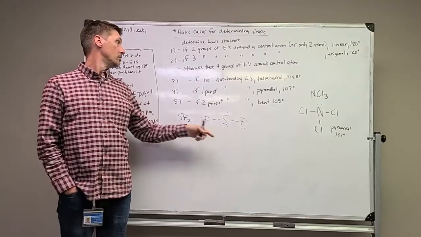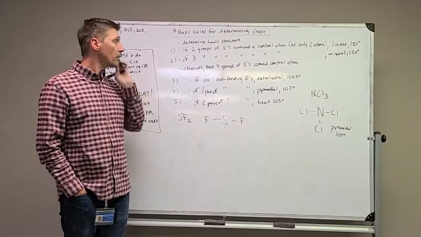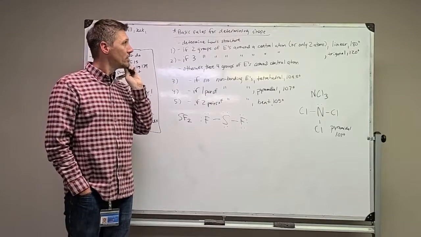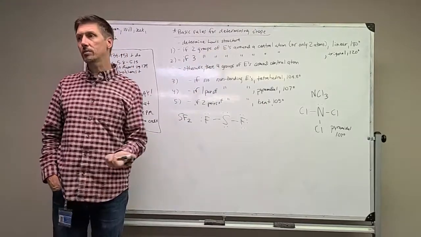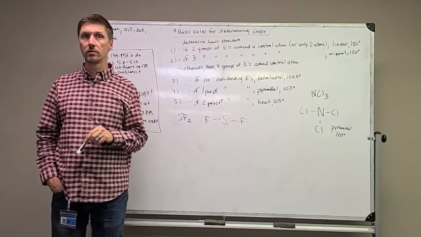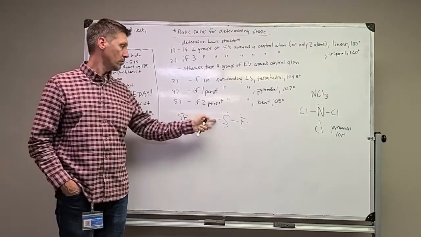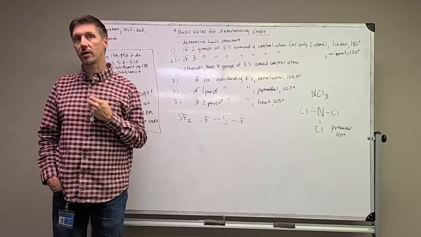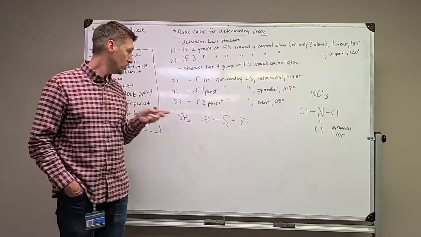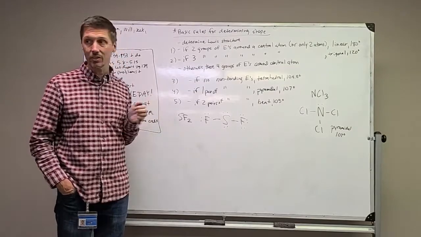Linear. But based on our descriptions up here, if it's linear, it's got to have a central atom with 2 groups of electrons. How many groups of electrons are around sulfur? 4. There's actually 4, right? 1, 2, 3, 4. How many non-bonding electron pairs do we have? 2. So we're actually dealing with the bent shape, right?